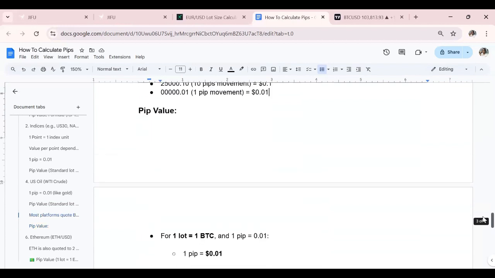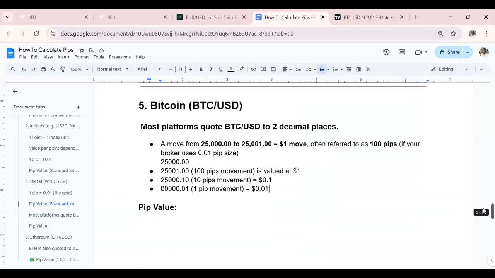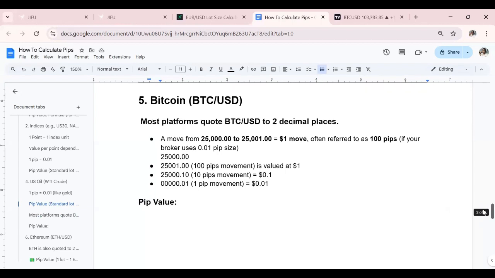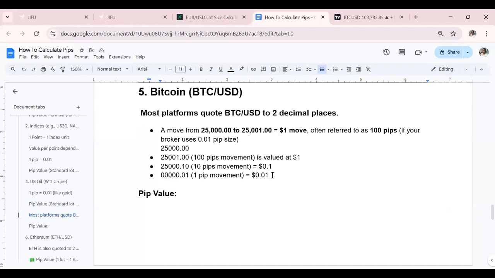So if I take a trade of 0.01, and then my market moves by 500 pips, I know that that 500 pips is actually 5 USD. See, it's as simple as this.